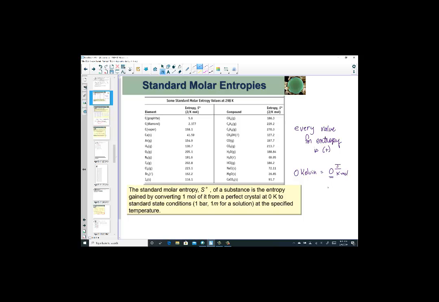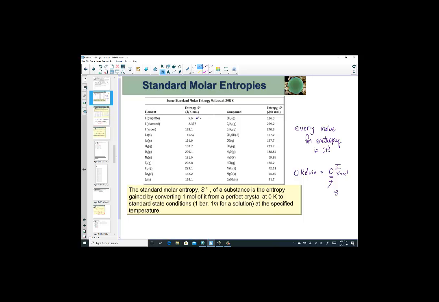That's its assigned value. And so if you begin to warm that crystal, any value will go up for entropy as it gains kinetic energy through thermal energy and vibrations and so forth. So entropy values are always positive.